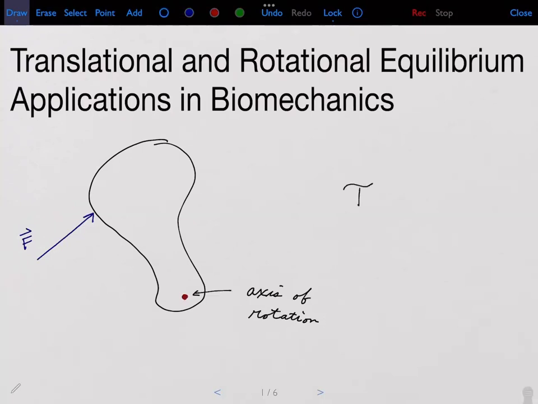The way that you compute it is it's equal to plus or minus, I'll explain what that is in a second to get the correct sign, the magnitude of that force, I'll just call it F, with no vector on it, times a special distance called the moment arm. So this L here is the moment arm.